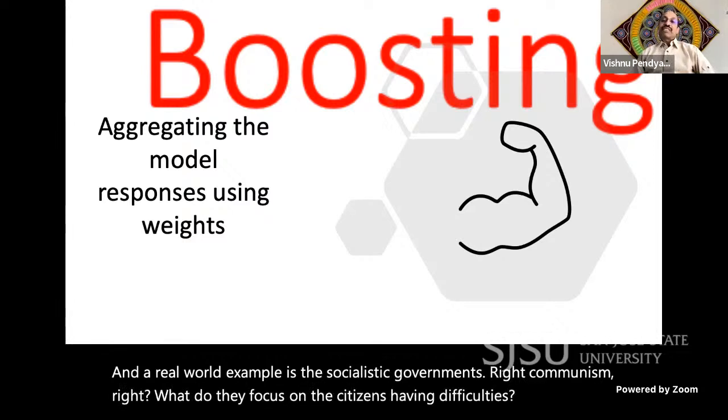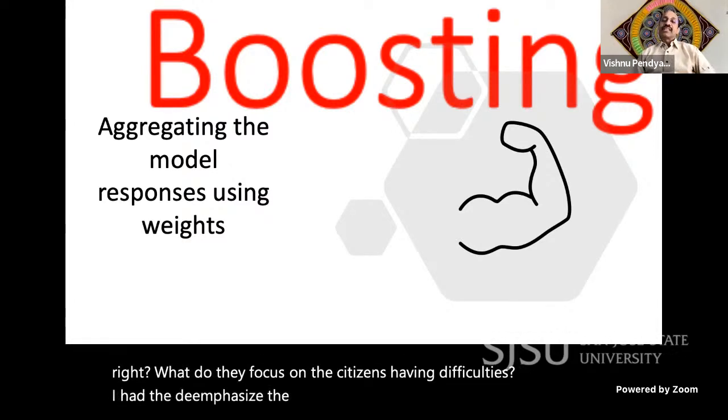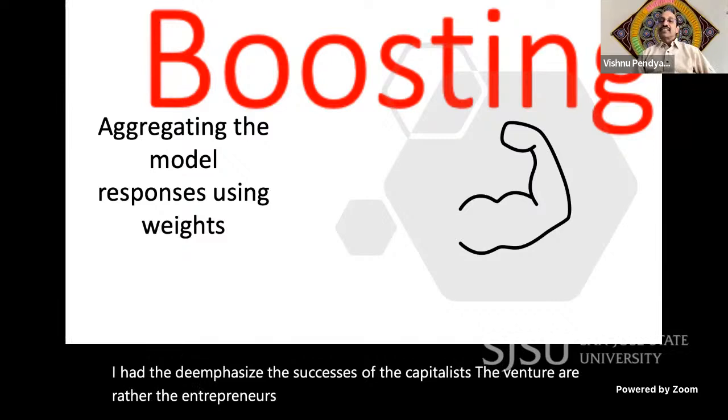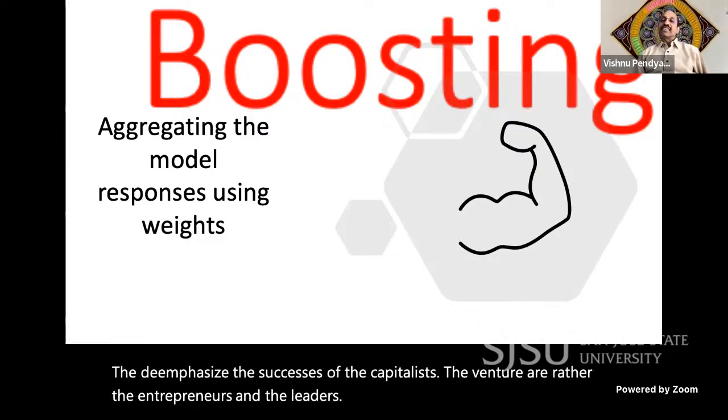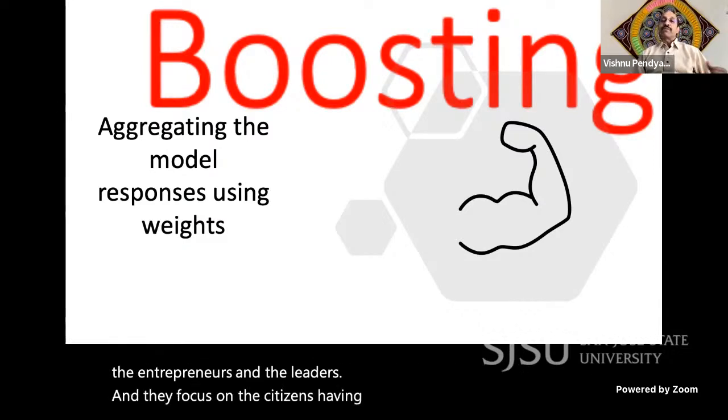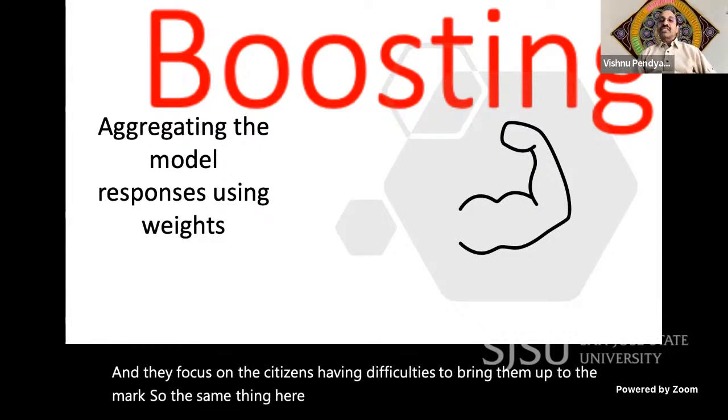They de-emphasize the successes of the capitalists, the entrepreneurs and the leaders, and they focus on the citizens having difficulties to bring them up to the mark. So same thing here. In boosting, we focus on the failures and de-emphasize successes.